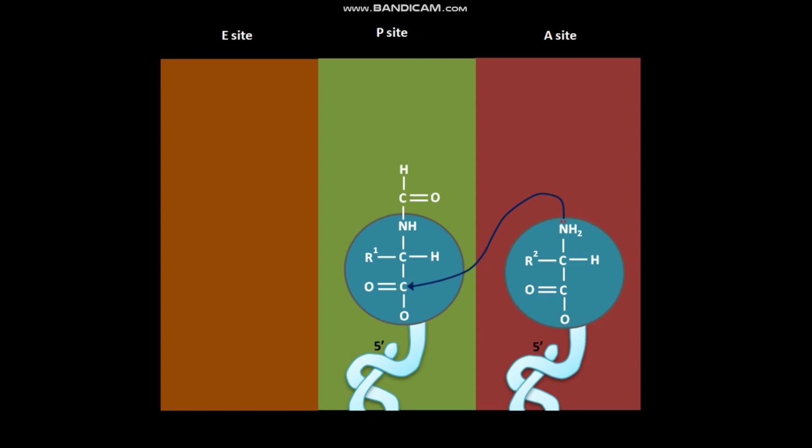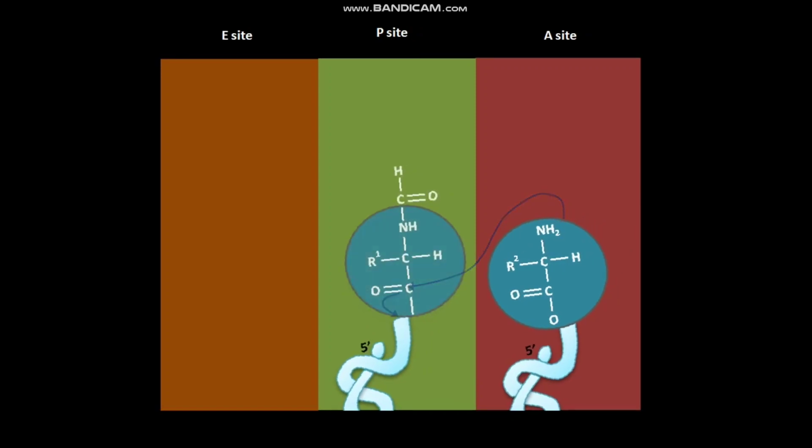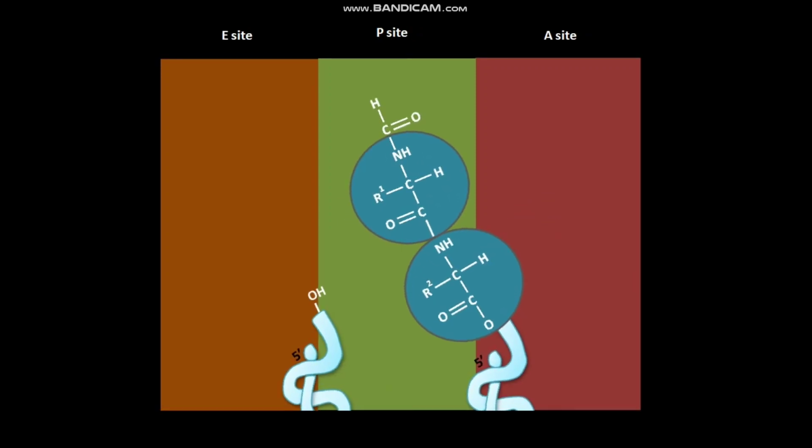The electron pair is then transferred from carbonyl carbon to the oxygen atom. As a result, a peptide bond is formed. The ester bond linking the peptide to the 3' oxygen of peptidyl tRNA breaks, leaving a deacylated tRNA.